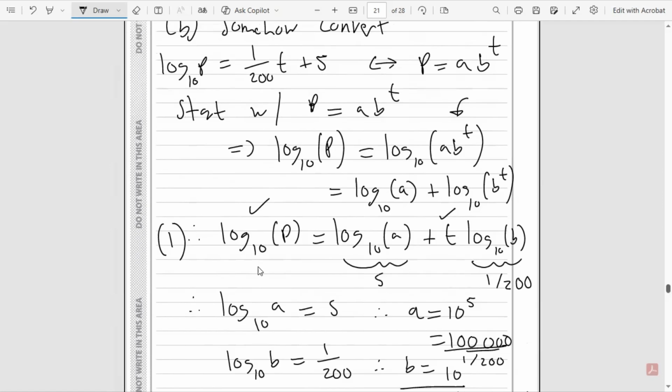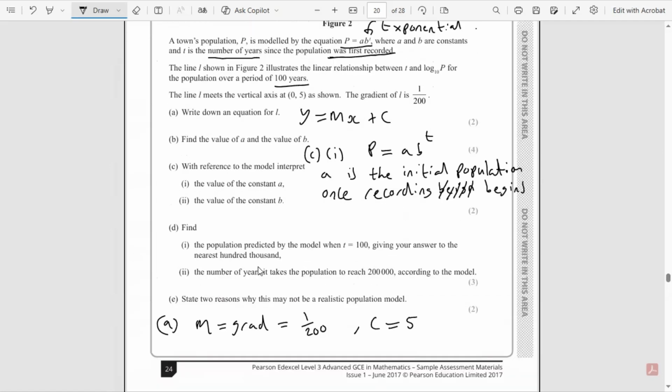So let's write this down here for part II. B is a factor that represents the change in population per year.